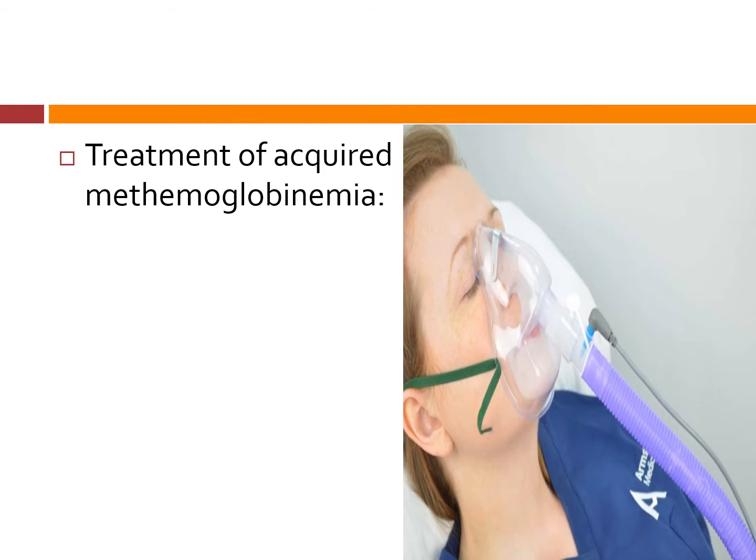So for acquired, the removal of the offending substance could be one of the treatments. So how do we remove? For example, if the offending substance or the oxidant is coming from a drug, the patient should stop taking that particular drug.